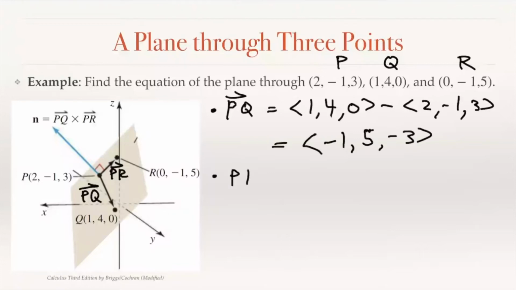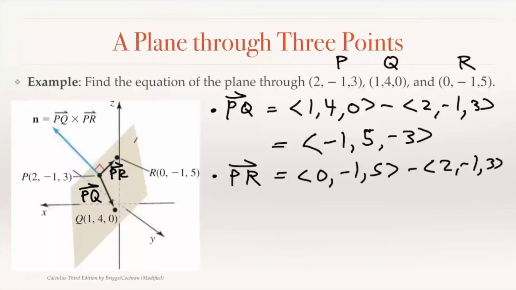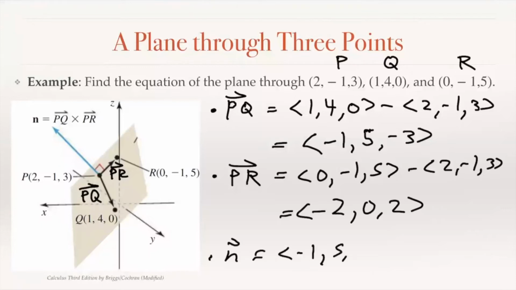And PR is R minus P, which is 0, minus 1, 5 minus 2, minus 1, 3, which is minus 2, 0, 2. So therefore, a normal vector to the plane is the cross product of these two vectors.